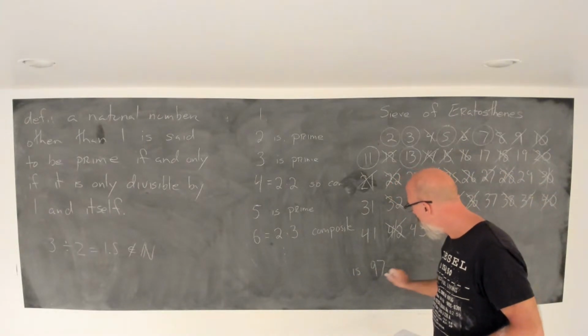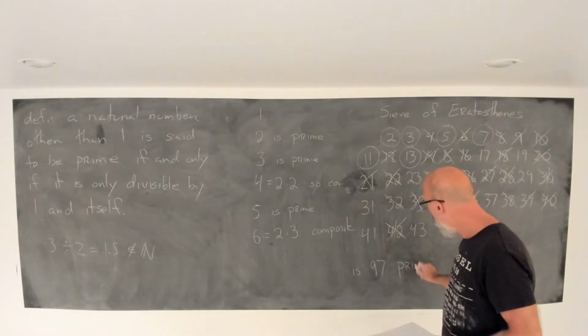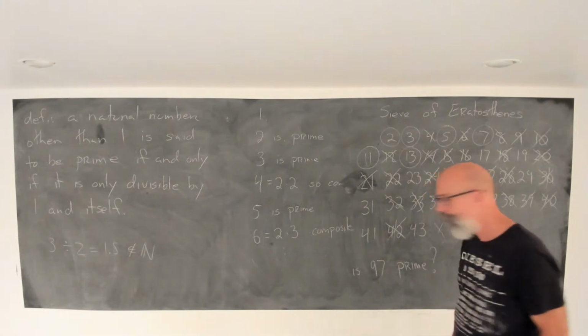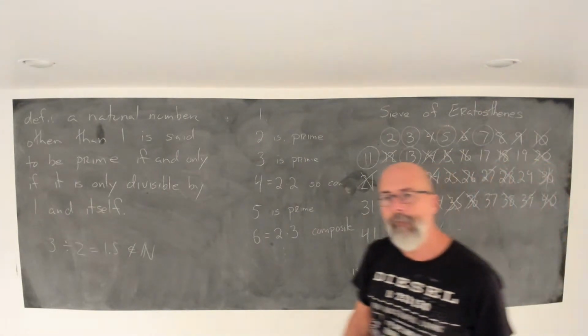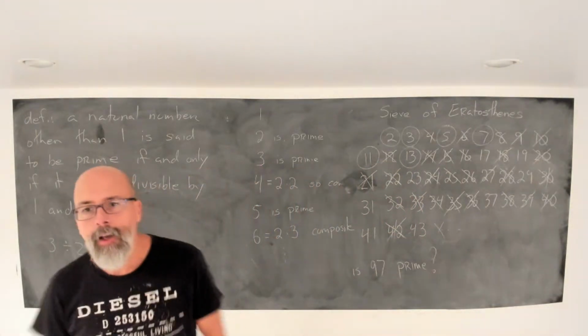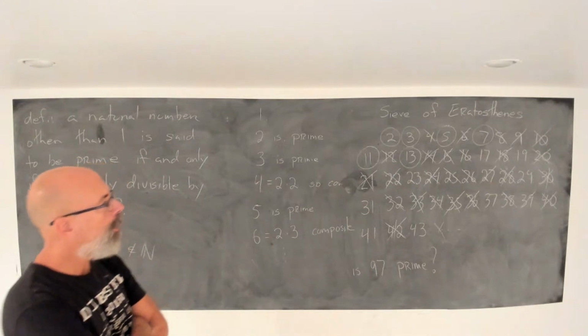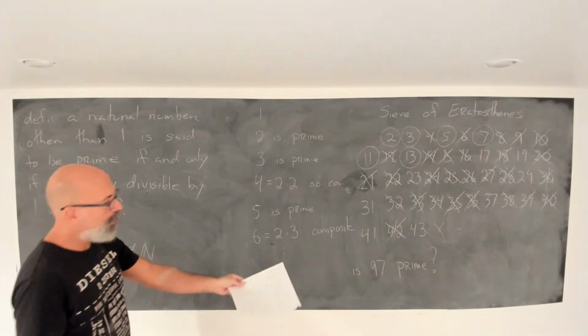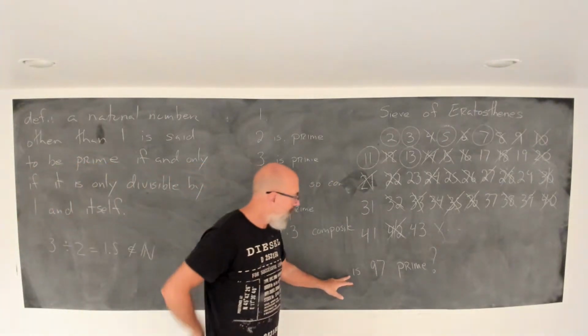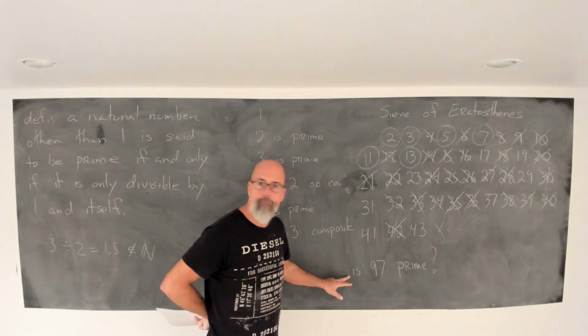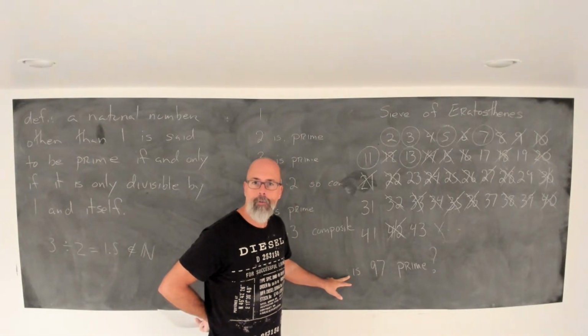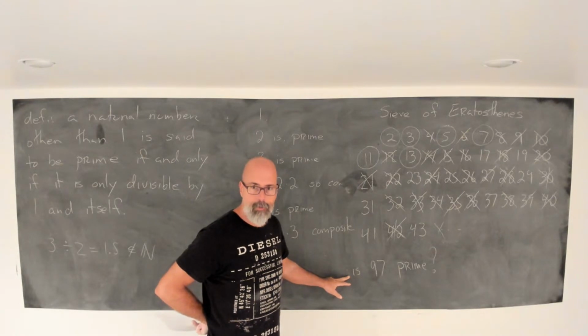Is 97 a prime number? Does this have any uses apart from just listing the primes? Well, I mean, let's ask ourselves this. Is 97 a prime number? It's not immediately clear. Maybe it is, maybe it isn't.